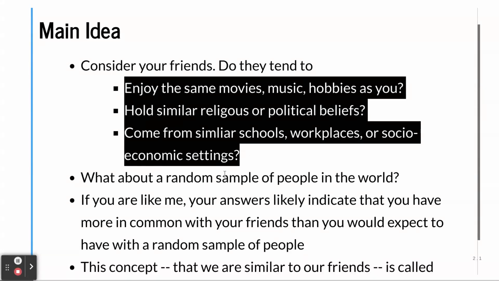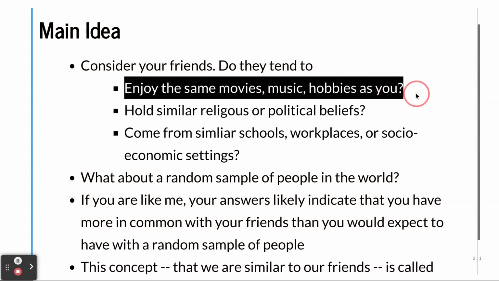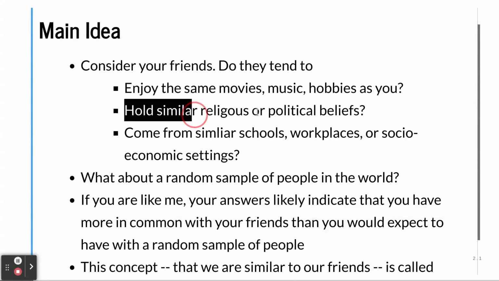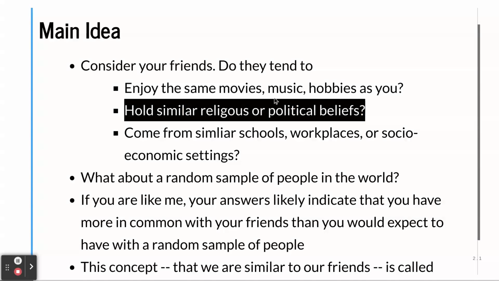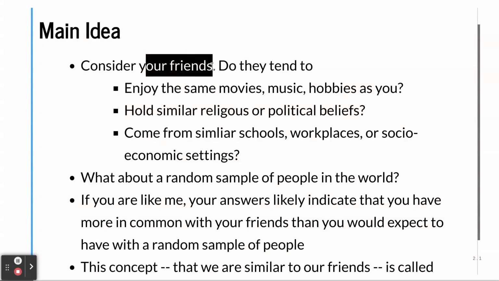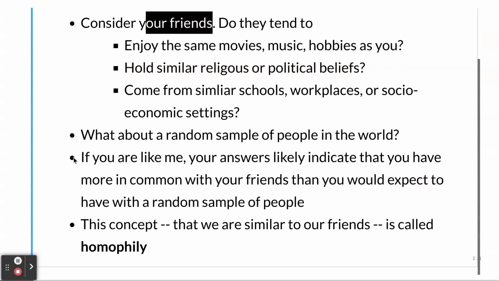As you think about these questions, think about whether you believe it's likely that you'll hold similar beliefs to people randomly sampled across the world, or if it's more likely that you hold similar religious or political beliefs with your close friends. Now, if you're like me, your answers will likely indicate that you have more in common with your friends than you would expect to have with some random subset of people.